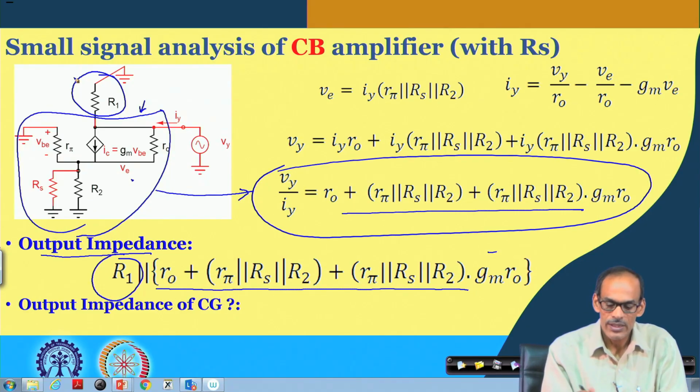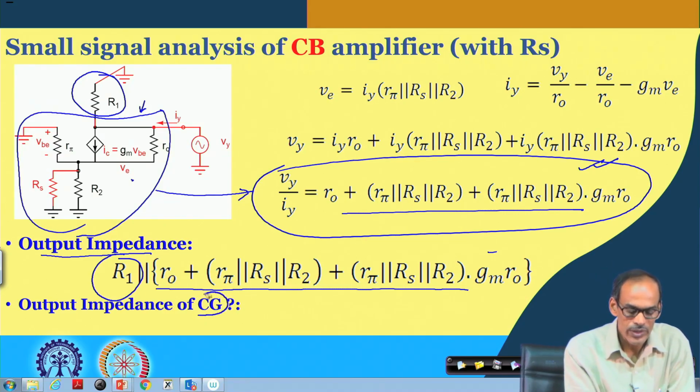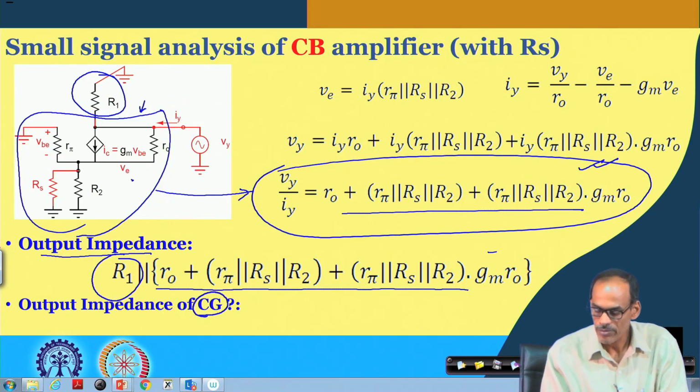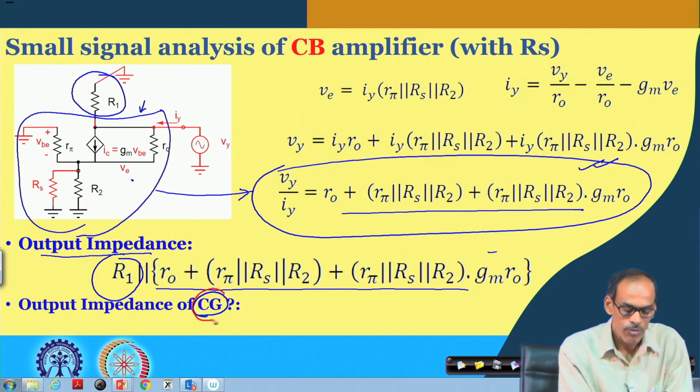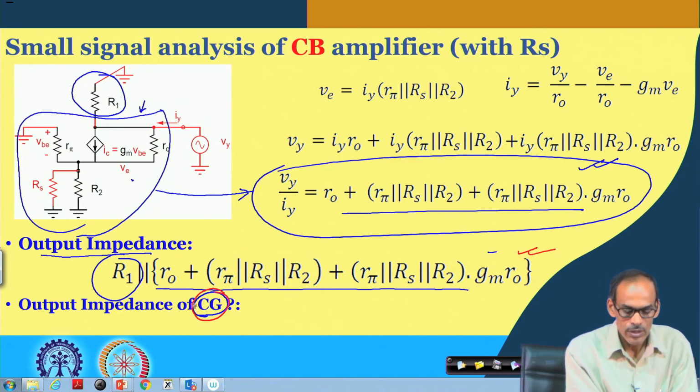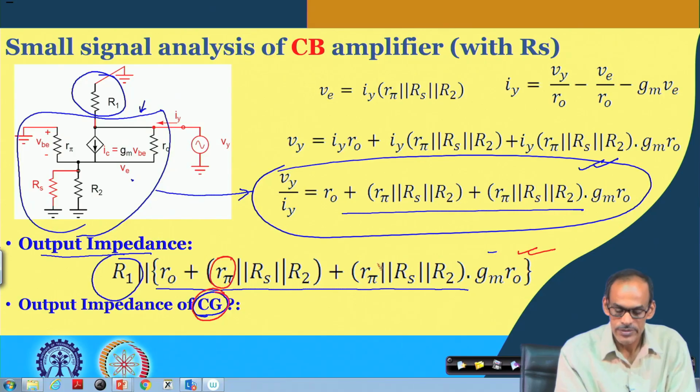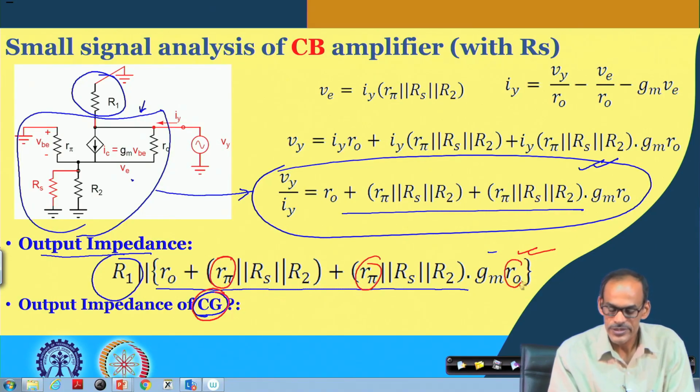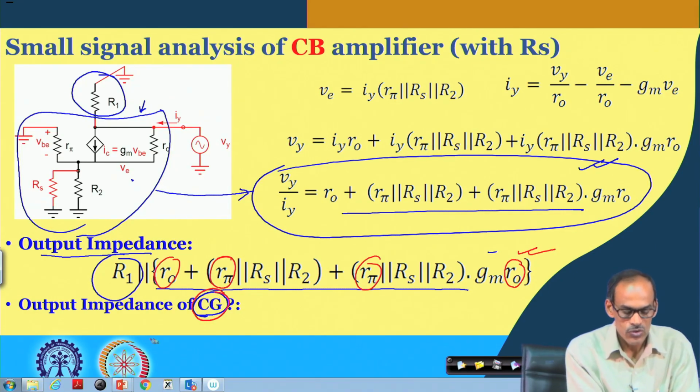Now, whatever analysis we have done can be utilized to get the output resistance or output impedance of the common gate configuration also, namely the MOS counterpart. Its output resistance will be obtained from this expression only by dropping these parts and replacing this R O by R d s. So, I am just writing that R 1.